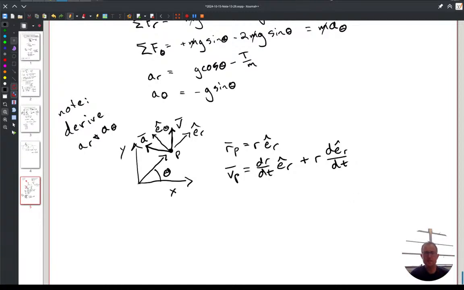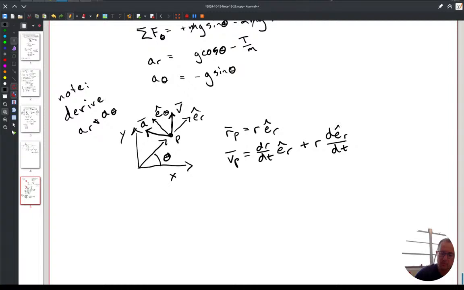But it's a unit vector. How am I supposed to get the derivative of a unit vector? Well, I can write it out in my Cartesian coordinates. I could say ER is cosine theta i plus sine theta j. And now instead of looking at how this unit vector changes, I have two functions. Derivative of i and derivative of j are both going to be 0.